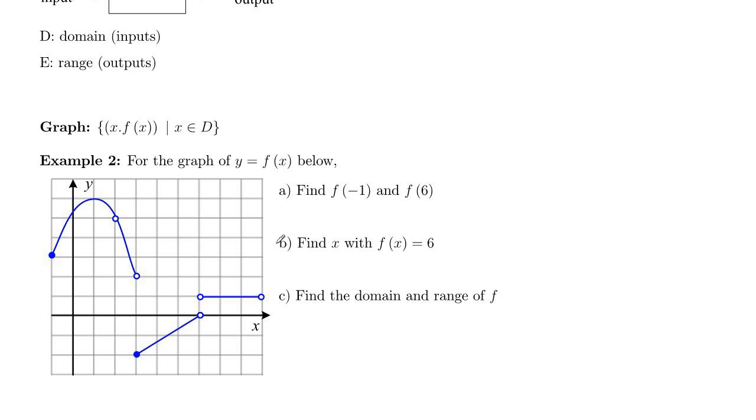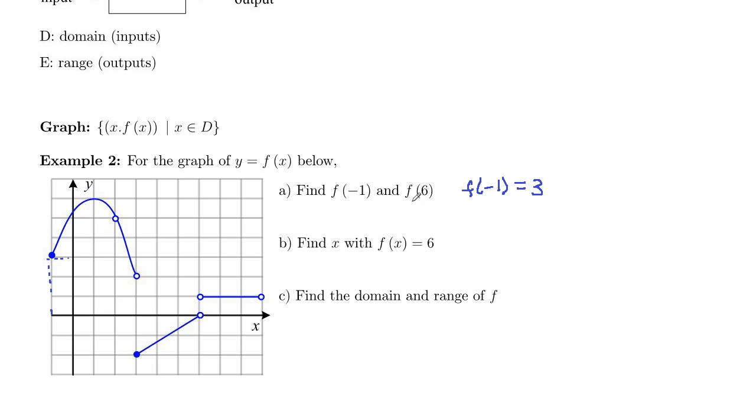So first of all, we want to find the function value f at -1 and f at 6. So f at -1, our scale on the x and y axis is both 1. We'll start at -1 on the x-axis, and we go up to the graph of the function and over, and here we're at height 3. So f(-1) is equal to 3.